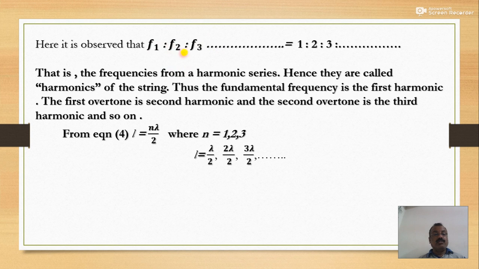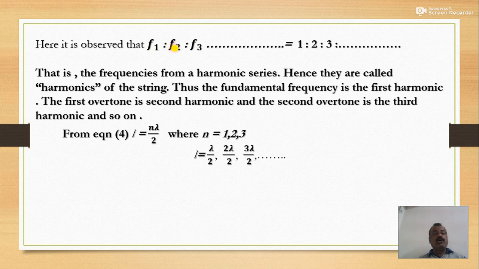These are known as harmonics of the string. f1 is the fundamental frequency, 1/2L times the square root of T by m. This is also known as the first harmonic.